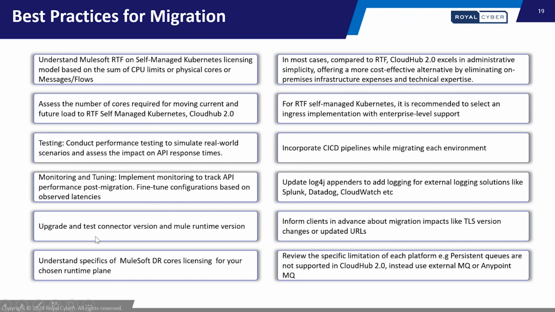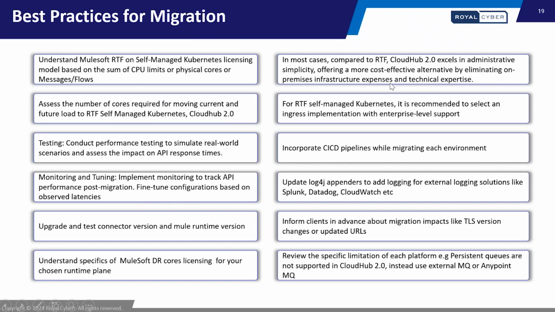Obviously, we need to upgrade and test our APIs with the latest connector versions and Mule runtime version. And also, we need to understand the specifics of DR. For example, if you want to set up DR in cloud or on-prem, how that affects the calculation of cores for DR.